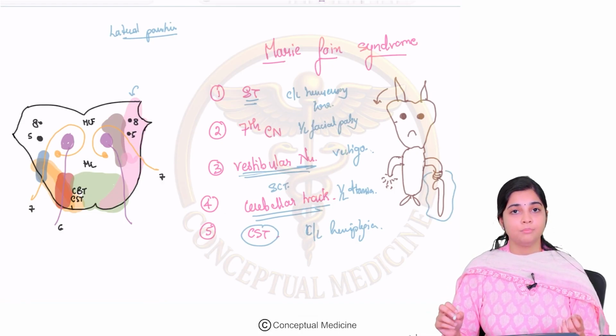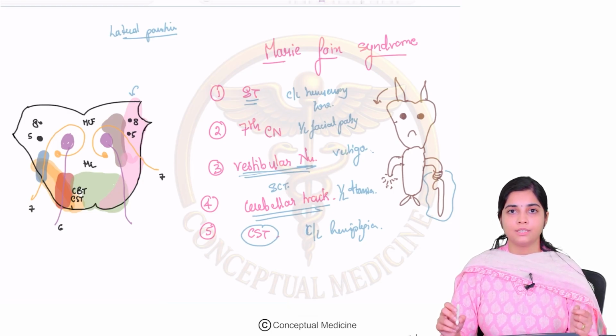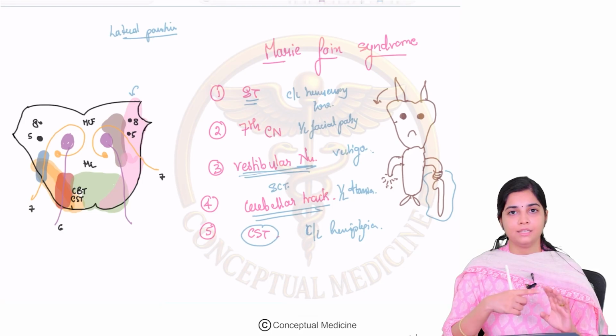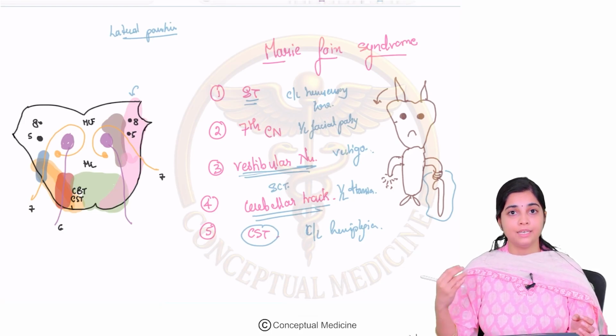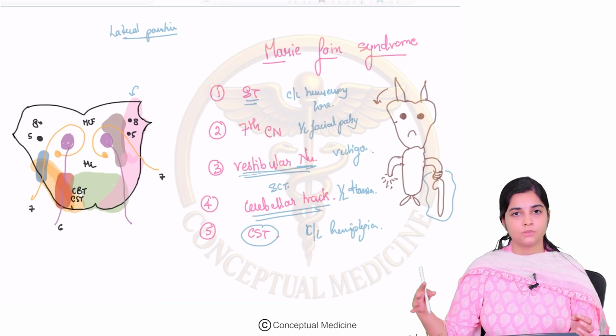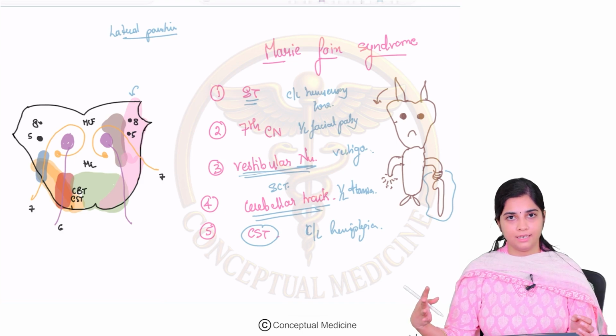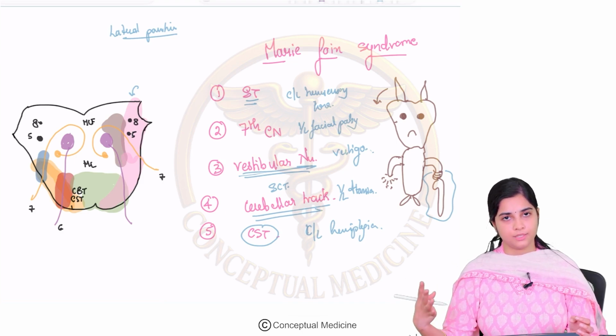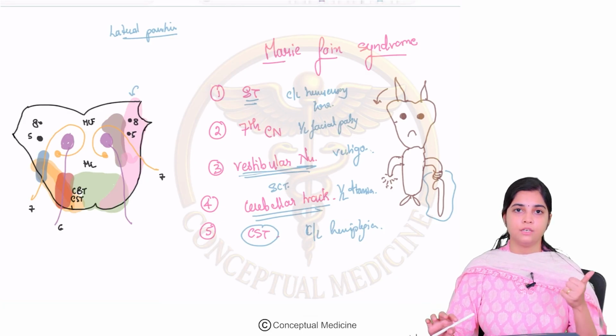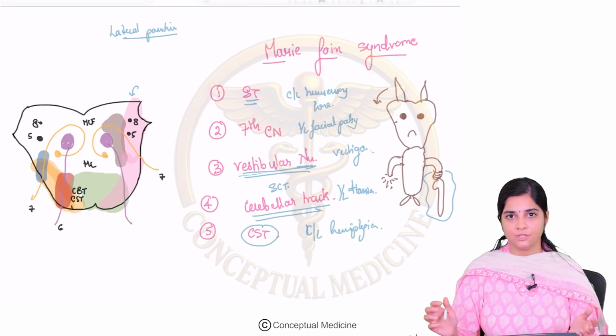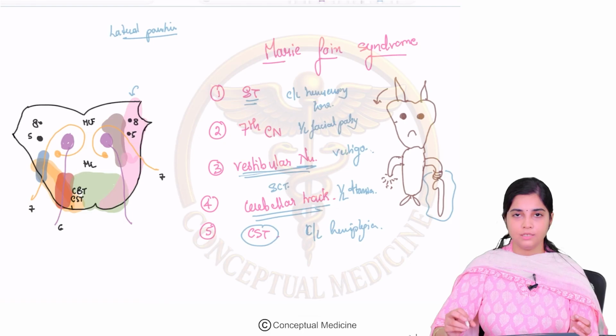So remember, in Marie-Foix syndrome, there is contralateral weakness and contralateral hemisensory loss. So bandaged hand, walking stick. And ipsilateral ataxia and tremors. So on one hand there is tremulousness and ataxia and the fox is falling to the same side. On the other hand, he is using a walking stick to walk and it is bandaged, and this is your Marie-Foix syndrome.